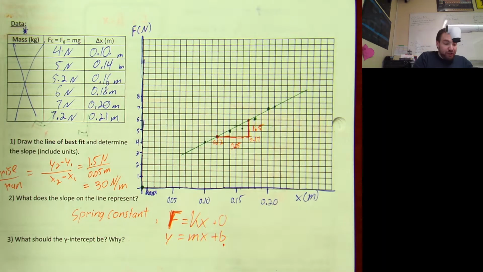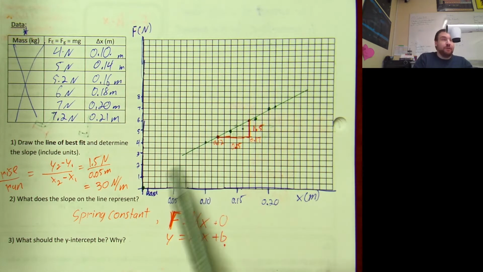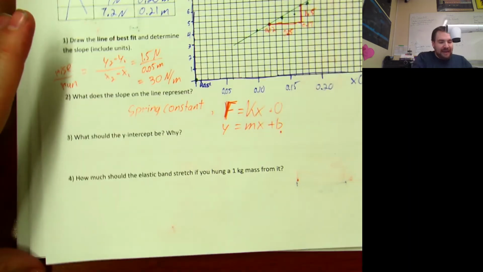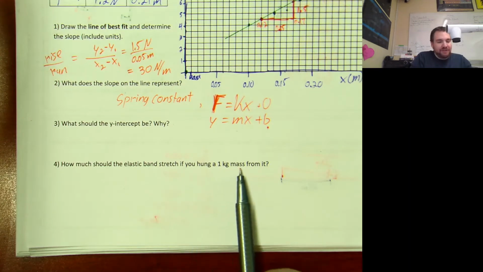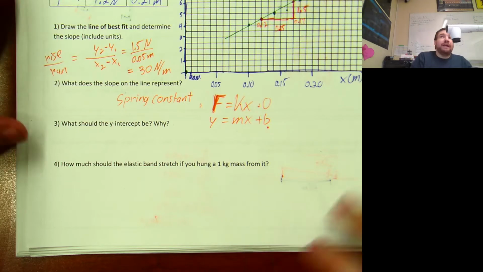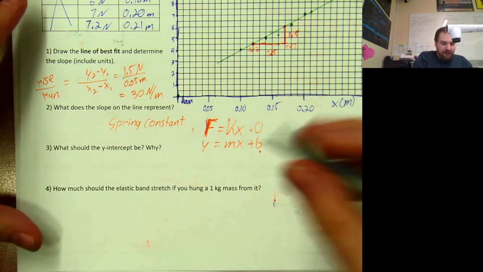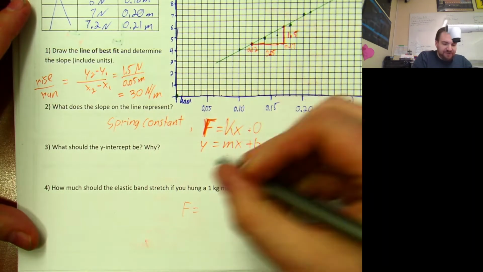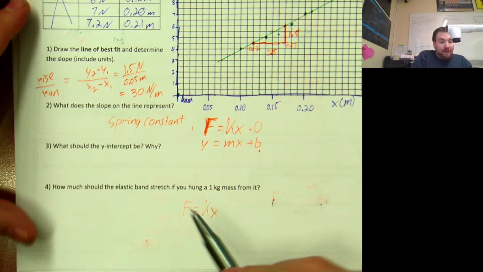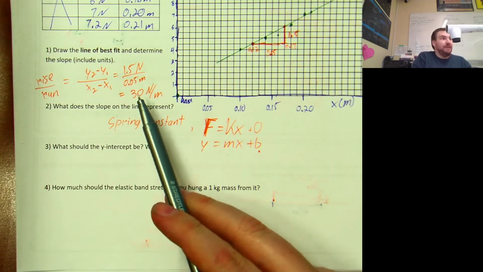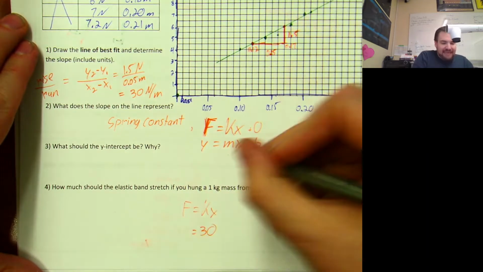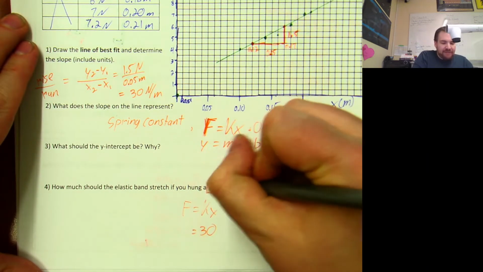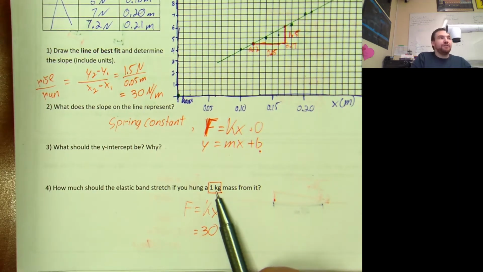So the y-intercept should be 0. Why? Well, because no force, no extension. And then how much should the elastic band stretch if you hung a 1 kilogram mass from it? We can use the result we had here. F equals kx, and I know my k value is 30, basically exactly 30. A 1 kilogram mass, how do we figure out the force a 1 kilogram mass exerts?